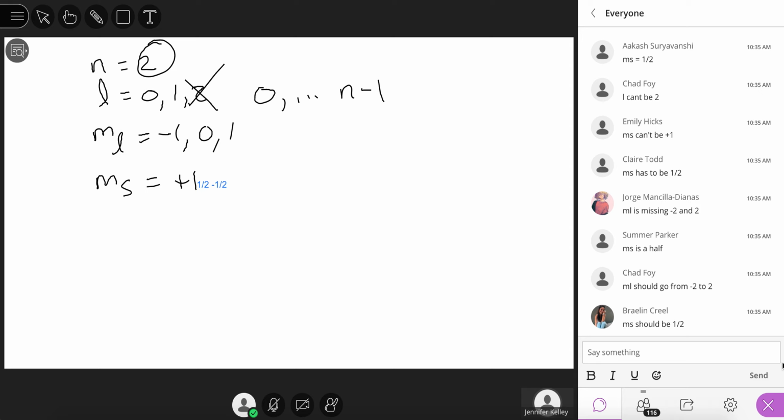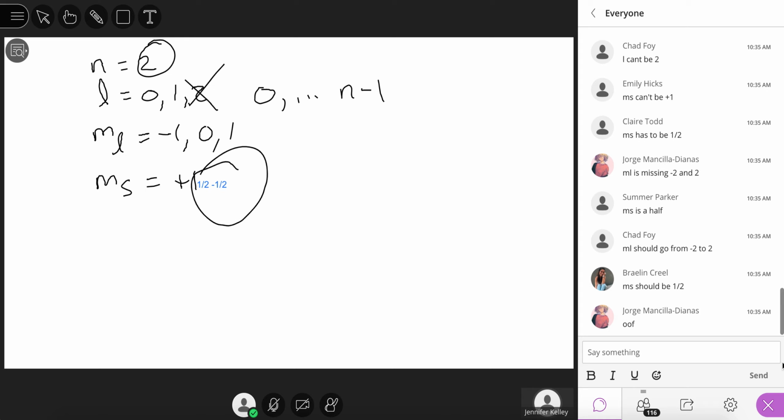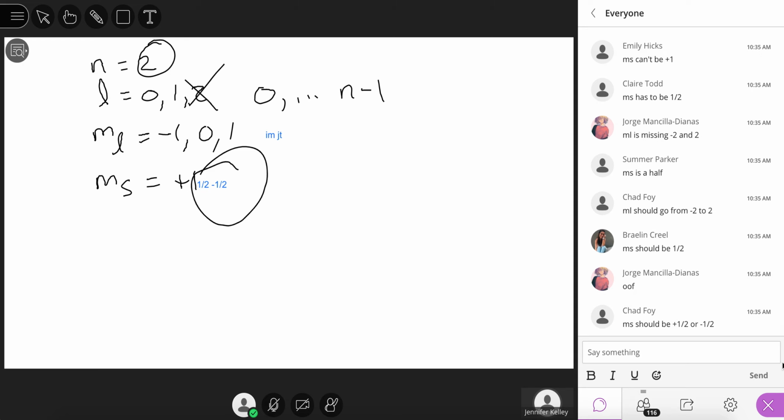What else? There's one more. Yes, okay, somebody put it right here. It couldn't be plus 1. It's either plus a half or minus a half. Perfect. A lot of times they'll give you a set of numbers like that, and they'll say, tell us what's wrong with these numbers.